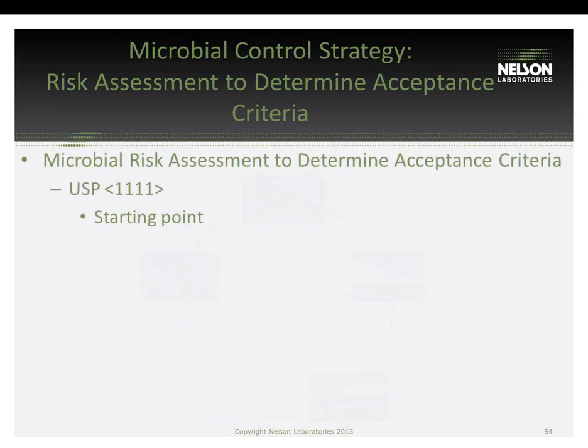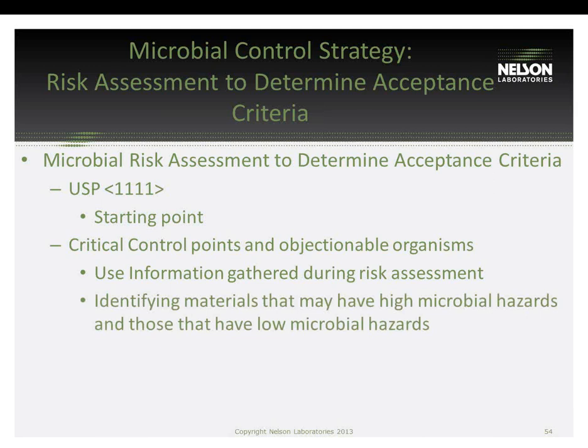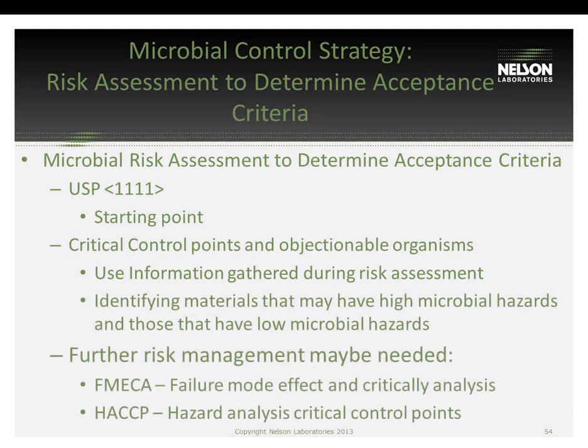So using that information, you want to start to determine acceptance criteria. Using 1111 is a good starting point, and then looking at those critical control points, using that information to identify hazards.